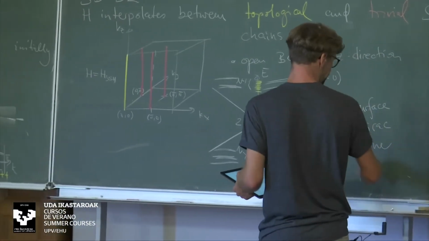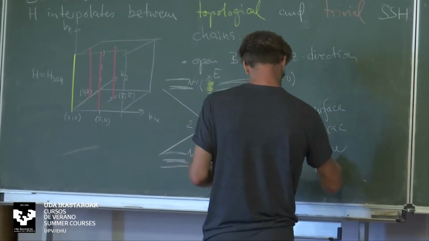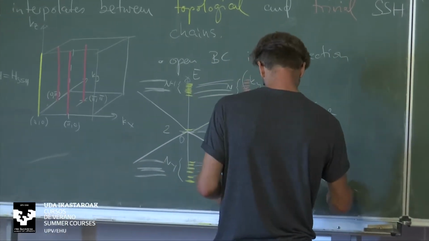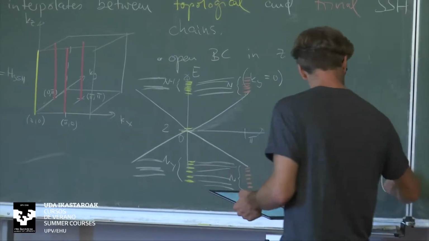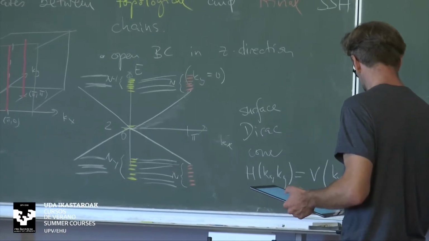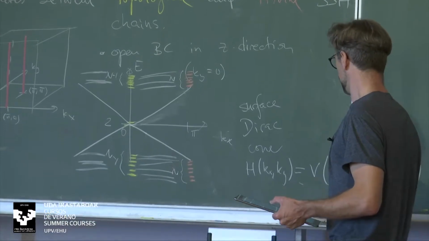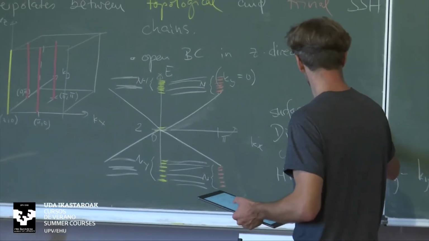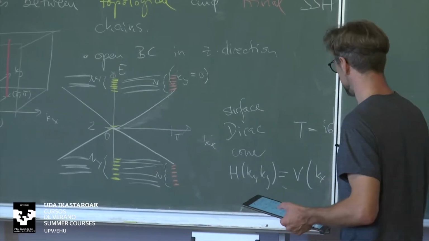So a Hamiltonian for this surface Dirac cone would maybe be kx sigma y minus ky sigma x. And time reversal in this case is the usual suspect, i sigma y times complex conjugation.